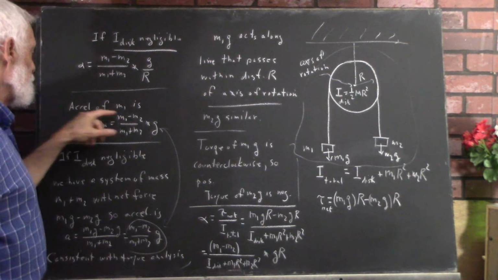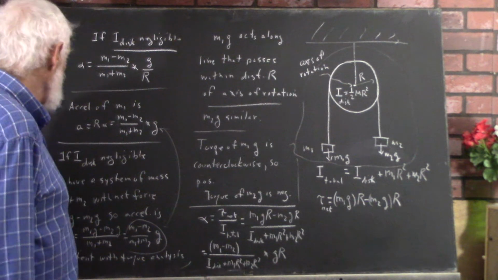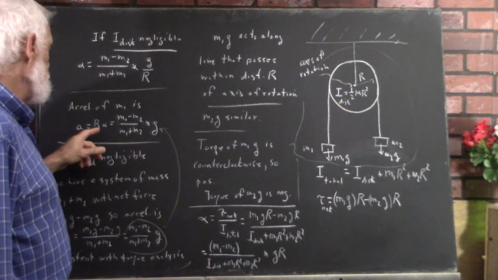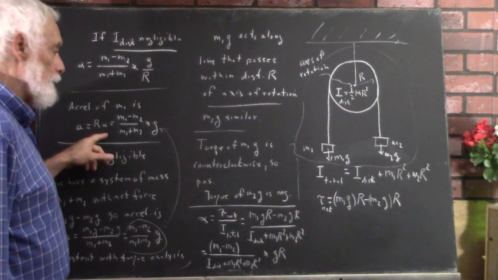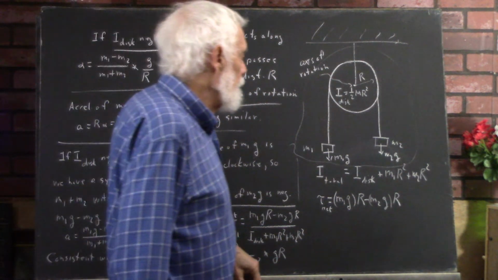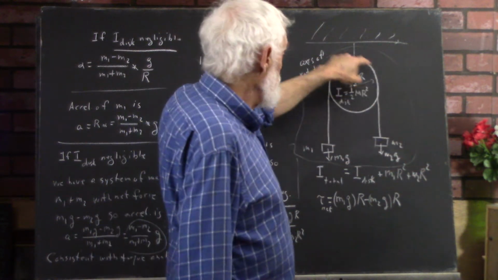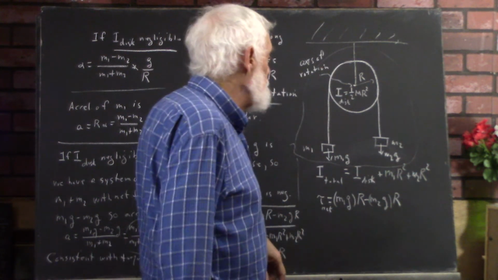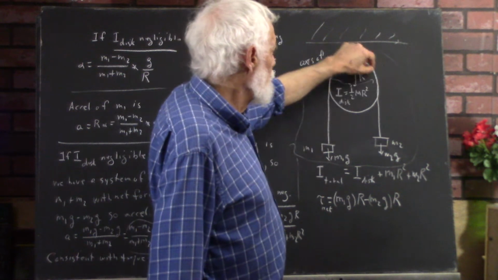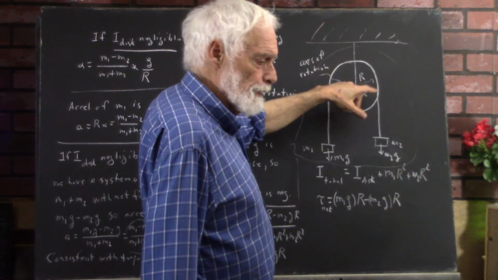The acceleration of m1, not the angular acceleration, the acceleration is equal to the radius of the disk times the angular acceleration. This is because the rope while it's on the disk, if we assume, and we implicitly do, that the rope isn't slipping, a point on the disk moves with angular acceleration alpha.